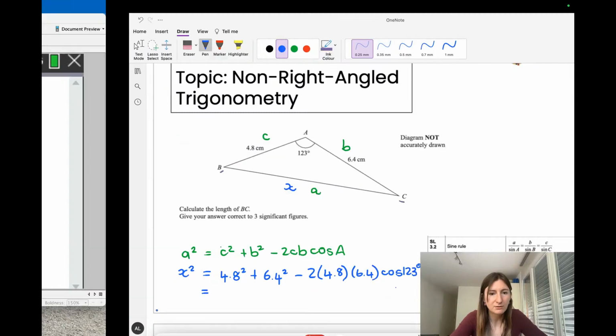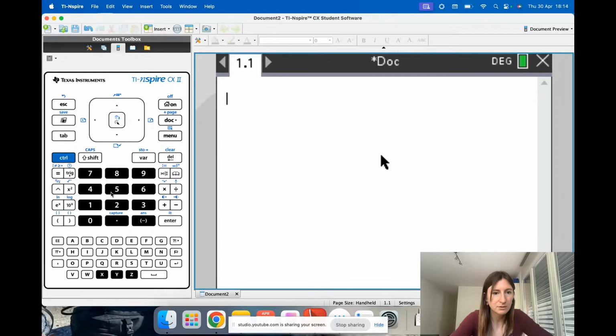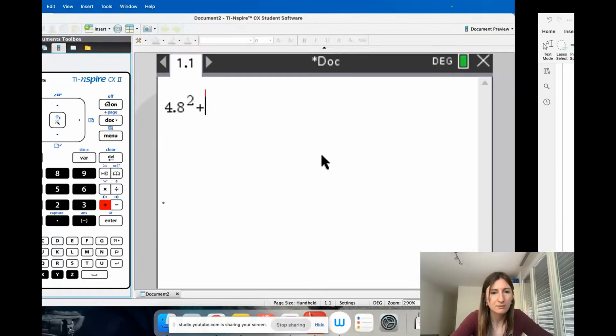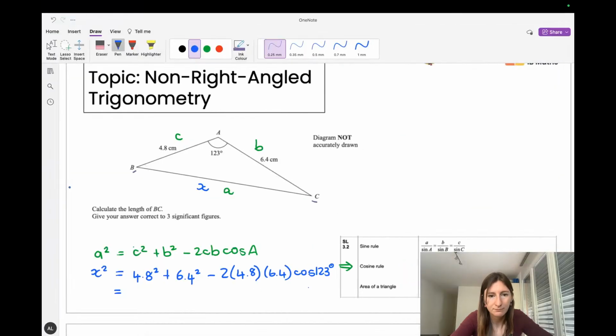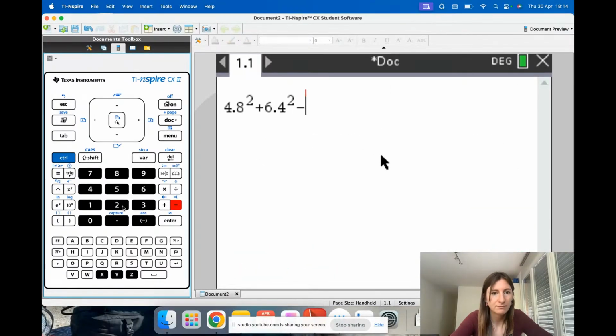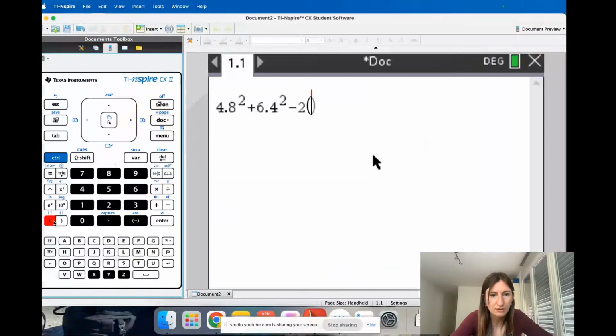So 4.8 squared, let's go, and 6.4 squared. Use brackets around your numbers.